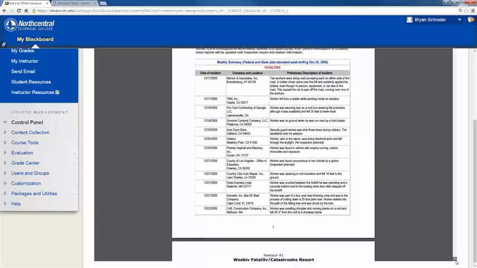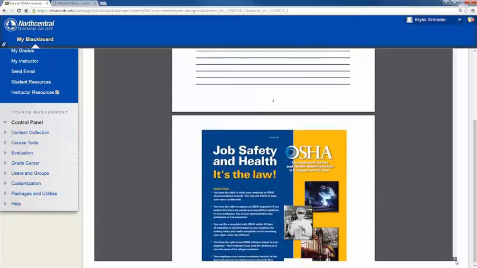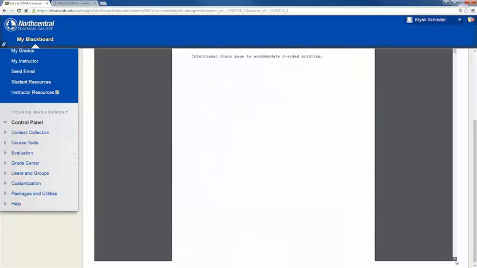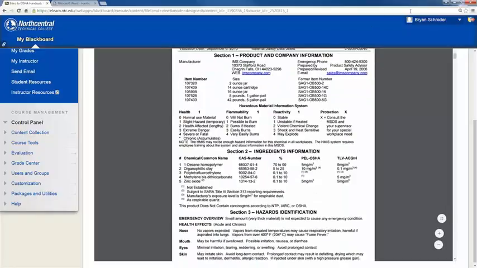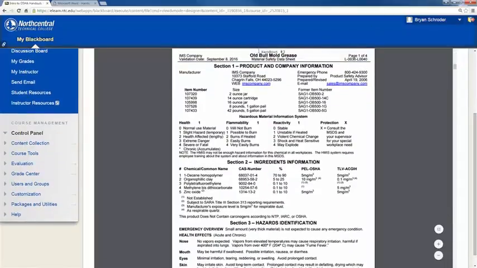Again, similar to what we see in the PowerPoint. Here's a material safety data sheet on old bull mold grease. It says who the manufacturer is, emergency numbers, the sizes that it comes in, up to a 5-gallon pail. Health risk, slightly hazardous.